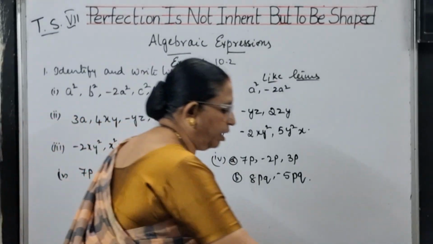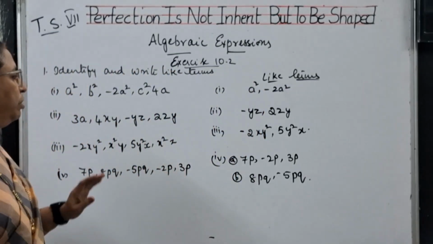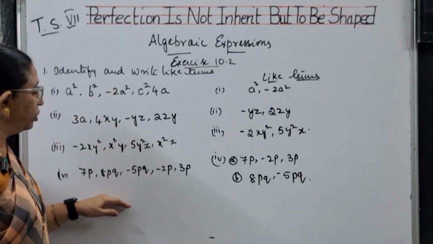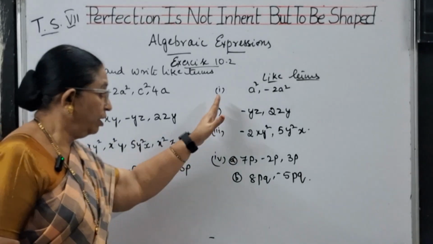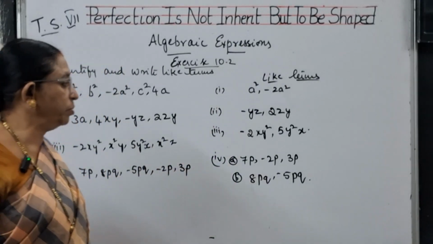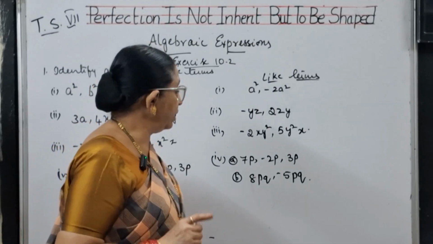Why are this kind of exercises given to you? When you go to higher classes or the next exercises, if you don't have a thorough knowledge of like terms and unlike terms, you cannot proceed with the problem, children. So when you are observing like terms, be very careful.